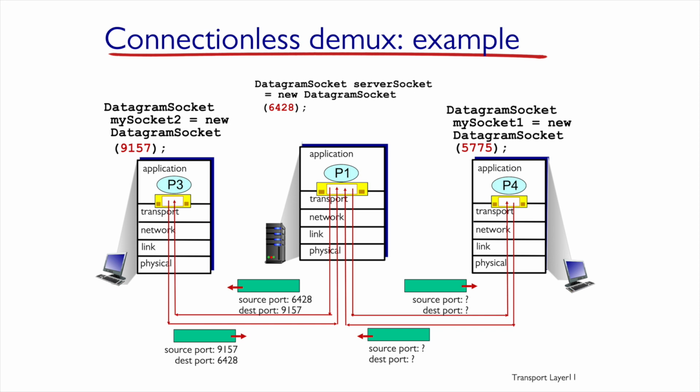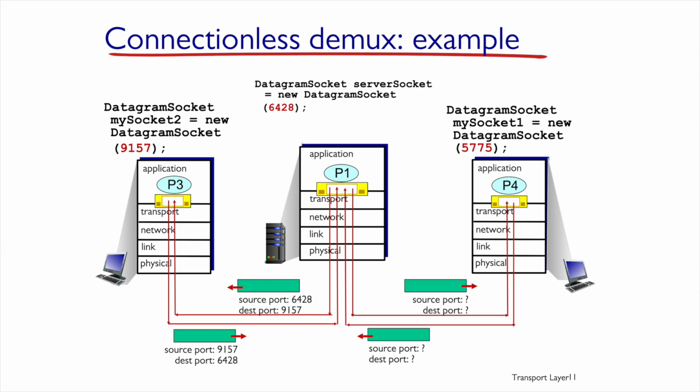So if now 2 messages arrive to process P1 from different processes P3 and P4, the destination port and the destination IP are the same. Both of the messages will arrive to the same process. Note that this will happen in case we are using connectionless protocols, UDP.